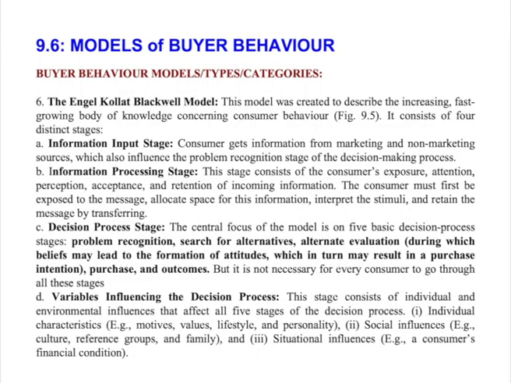The second one is the information processing stage. So, Engel-Collat-Blackwell talks about processing, that is the consumer receiving a message, allocating space for understanding the message, synthesizing it, and finally coming to a certain understanding. Then we have the decision process stage, and finally the variables influencing the decision process.